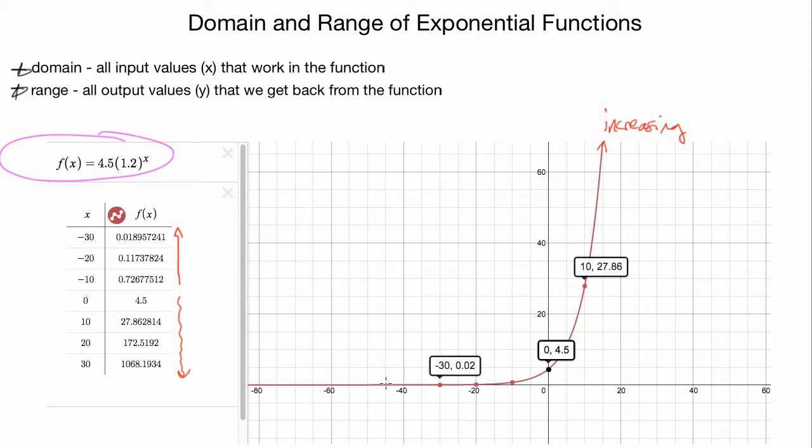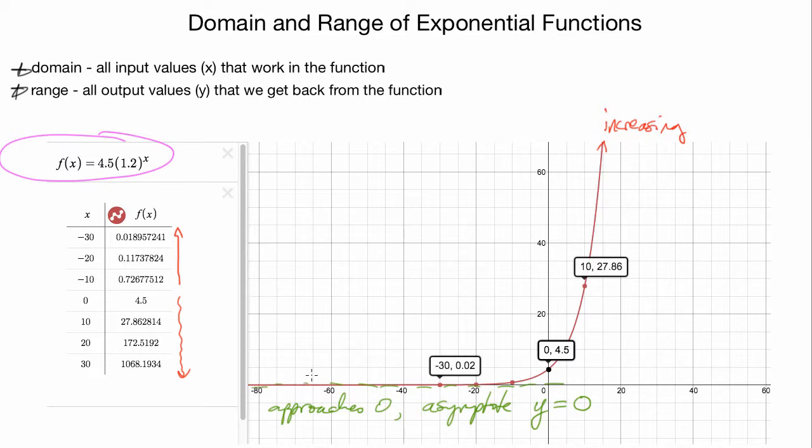If I keep going, you notice the line seems to flatten out and gets as close as I want to 0. So it approaches 0, and we call that an asymptote: a line that my function gets very close to. So it gets very close to the line y = 0, and we draw a little dotted line there to represent that.